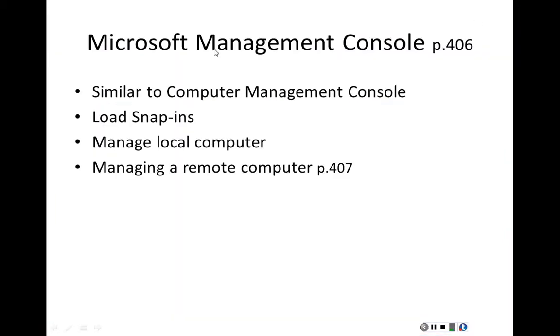This is the Computer Management Console. Now, the Microsoft Management Console is very similar to the Computer Management Console. The difference is you load only the snap-ins that you want to load, and a snap-in is an app. The Microsoft Management Console can be used to manage the local computer, and it can be used to manage a remote computer.